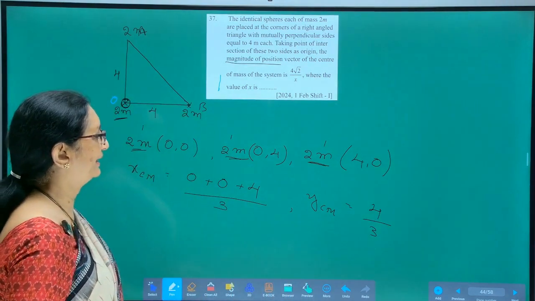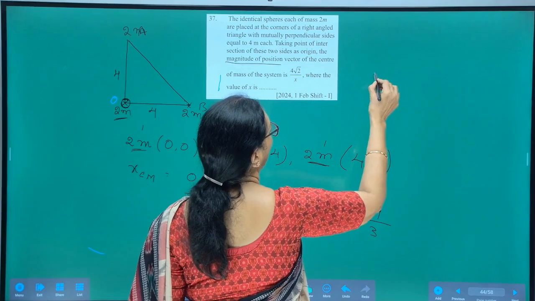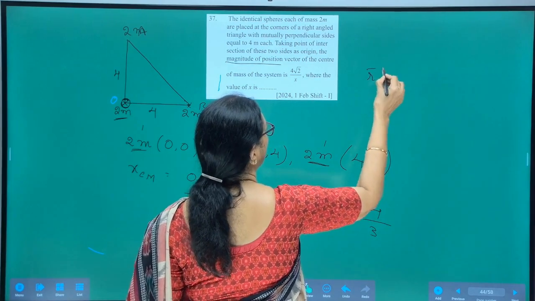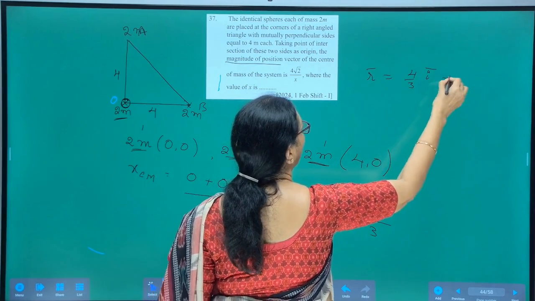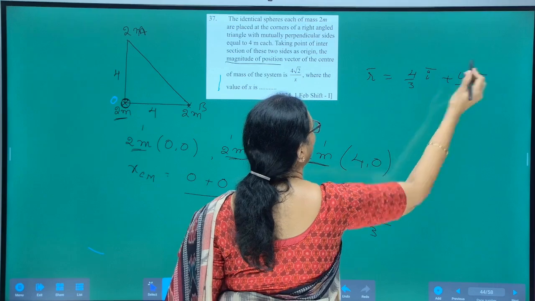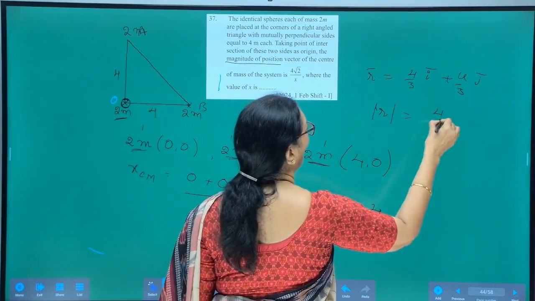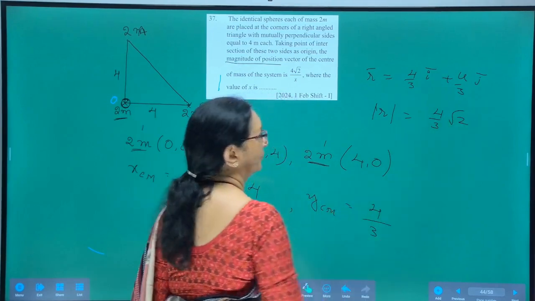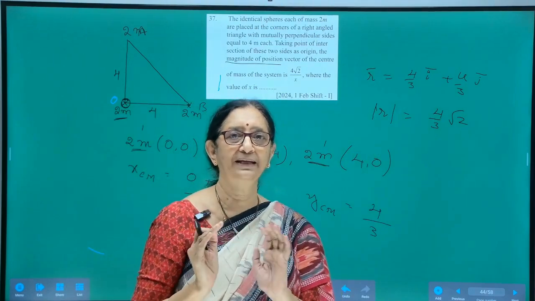Both x coordinate and y coordinate are equal here, we can write the position vector of center of mass is 4 by 3 i bar plus 4 by 3 j bar, or its magnitude is 4 by 3 root 2, because root of 4 by 3 whole square plus 4 by 3 whole square.